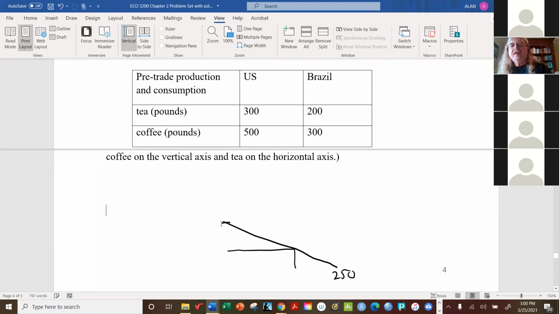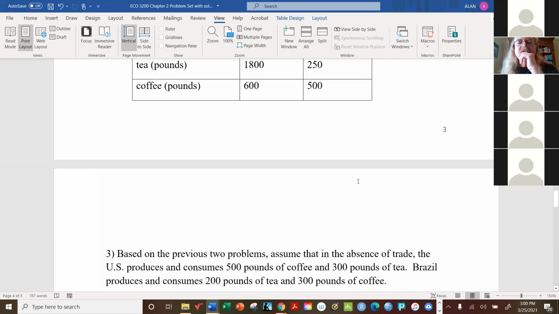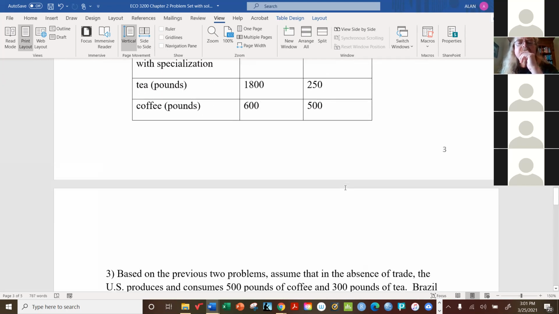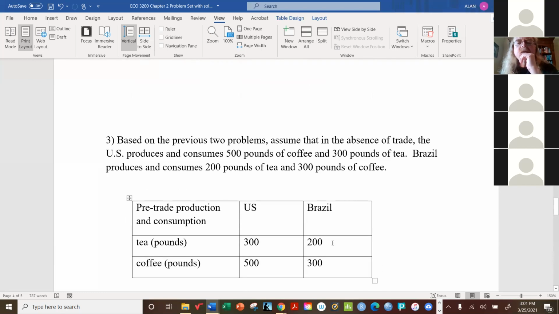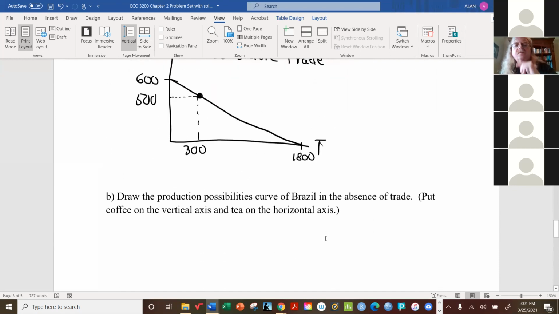The numbers you have in there are fine. The diagram was off. Since they can produce 250 pounds of tea and 500 pounds of coffee, they are perfectly capable of making 200 pounds of tea and 300 pounds of coffee. So that's what we're going to assume.